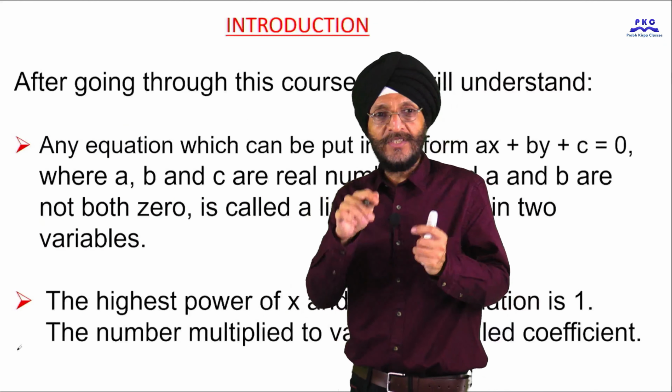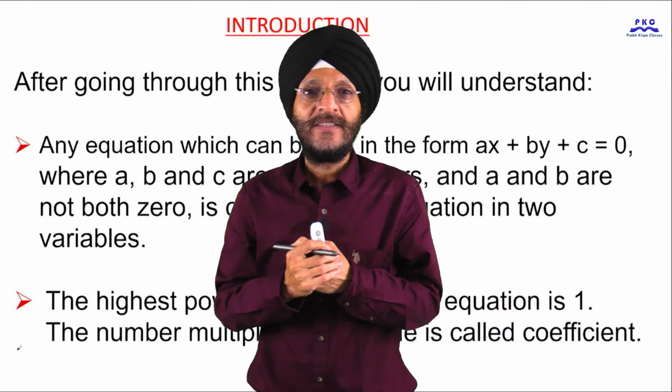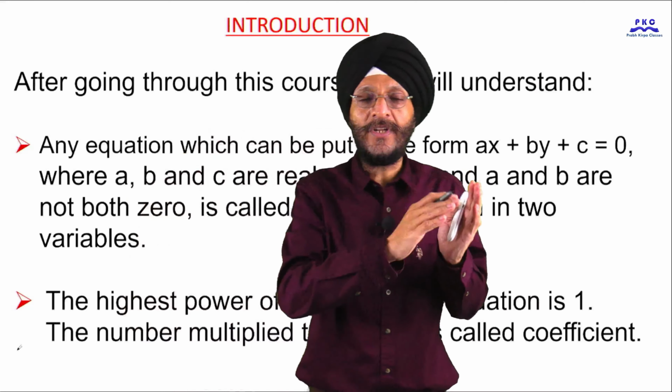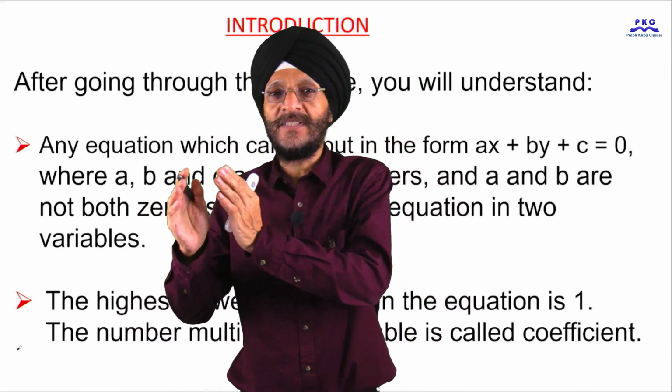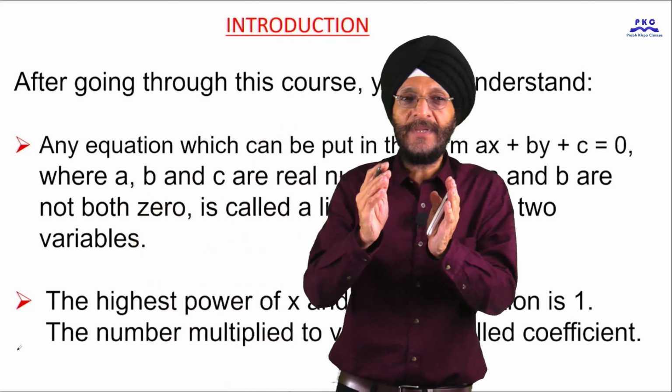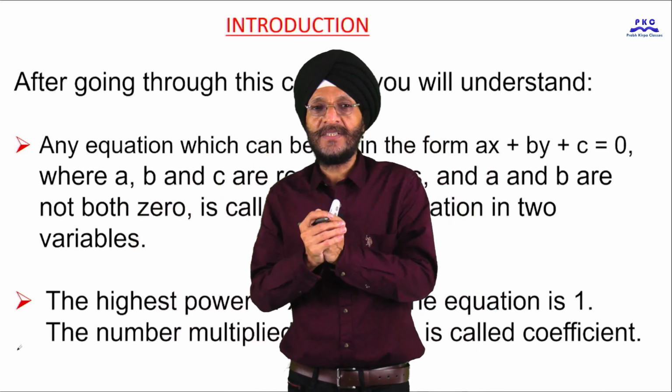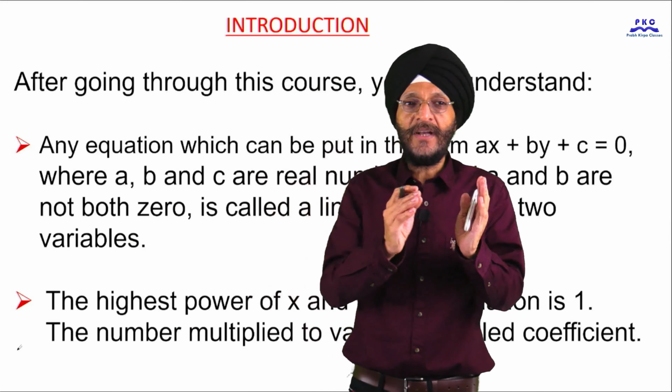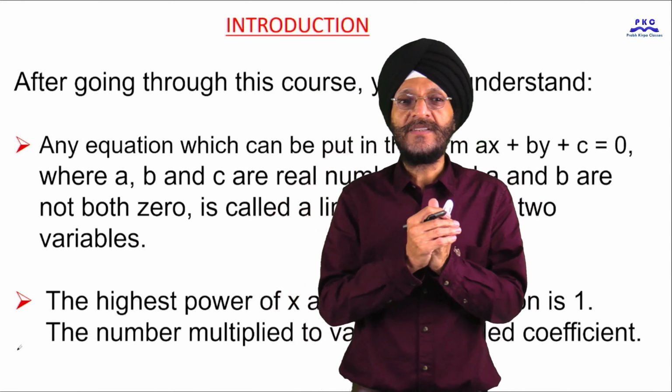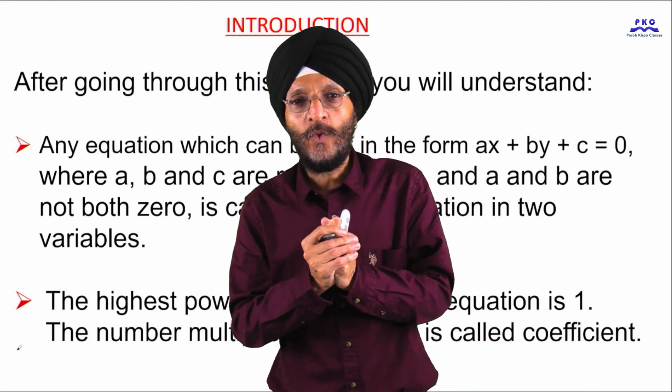Now, after going through this course, you will understand that any equation which can be put in the form of ax plus by plus c is equal to 0, where a, b, c are real numbers and a and b are not both 0, is called a linear equation in two variables.